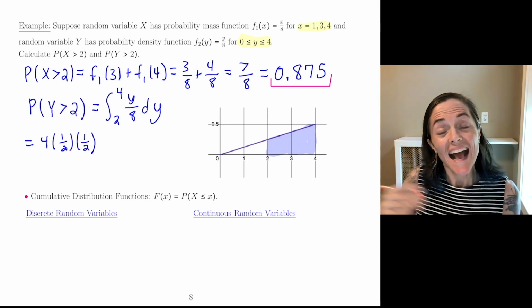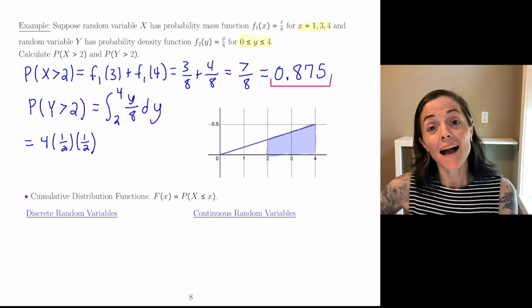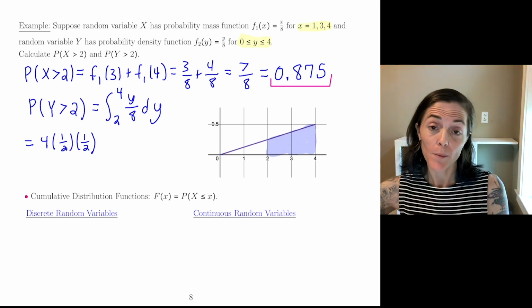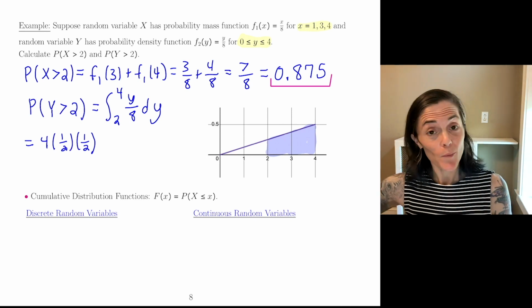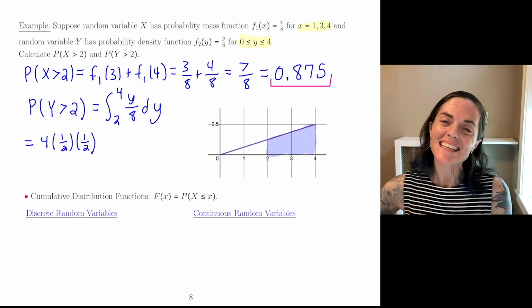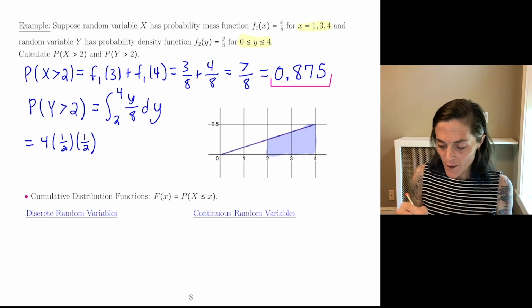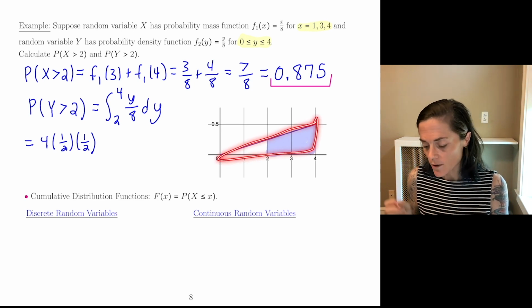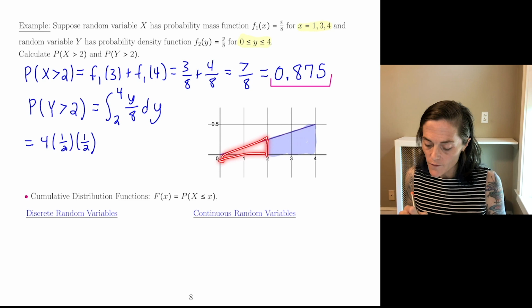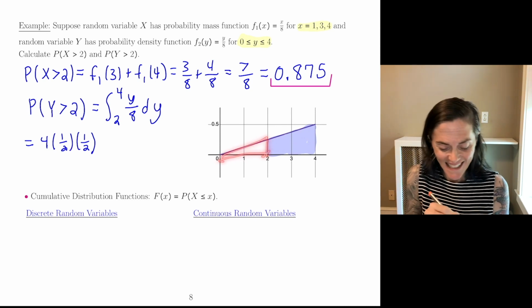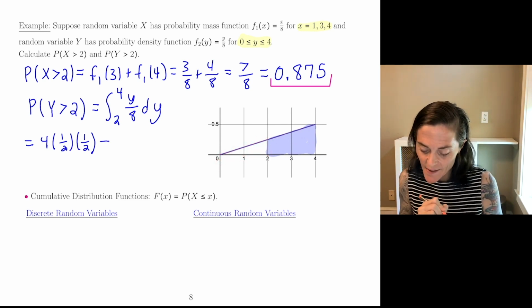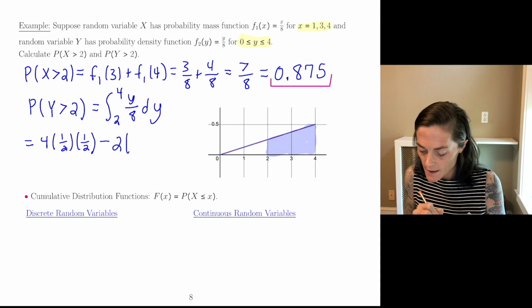This is 1 as it should be, that kind of thing, properties of a probability density function or probability mass function. We will get into those in the very next lesson. But for now, I just calculated the area of this larger triangle and then subtract off the area of the smaller one. And this has area base times height.